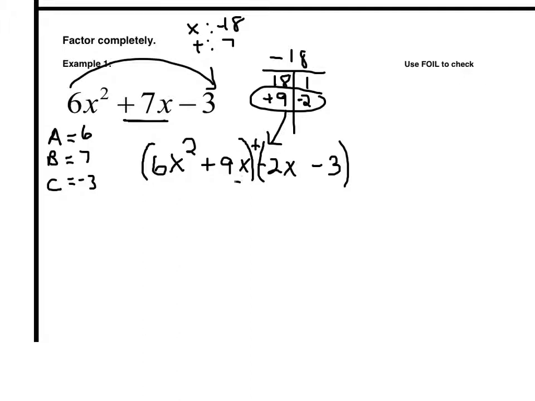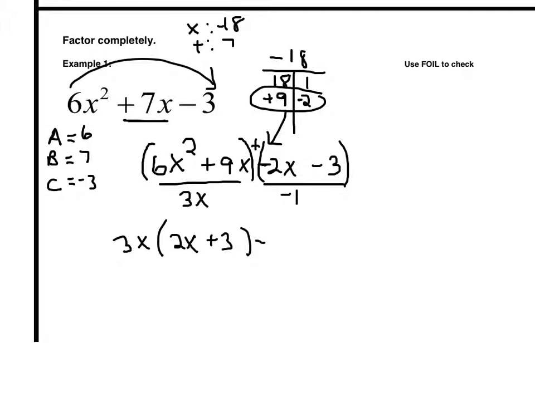Now I'm going to factor out of the left the greatest common factor, so I can factor out a 3 and an x, so that 3x would go here. When I divide 6x squared by 3x, I get 2x, and then I would get a 3 here. Now I'm going to factor out a greatest common factor here. Because the leading term is a negative 2, and I don't have any other factors, I'm just going to factor out a negative 1.